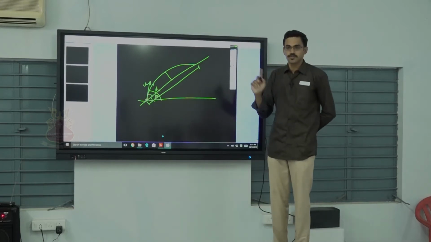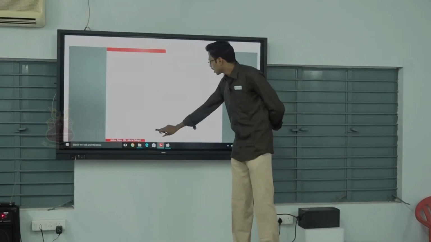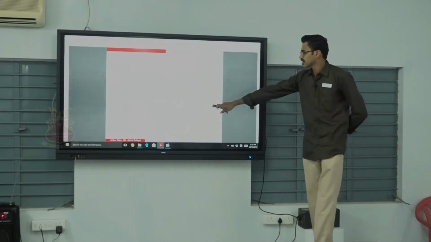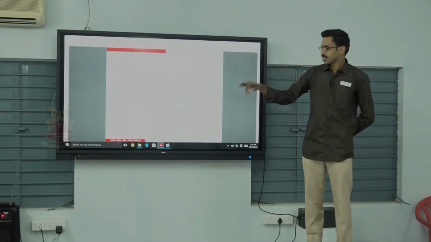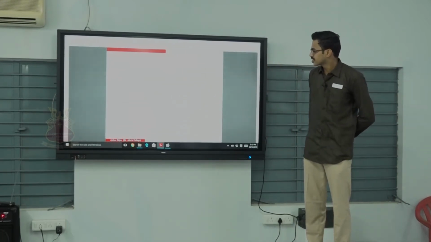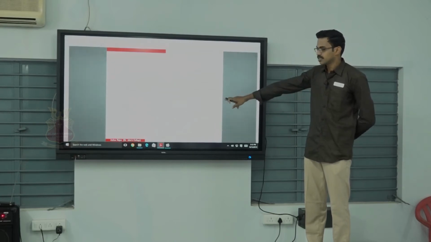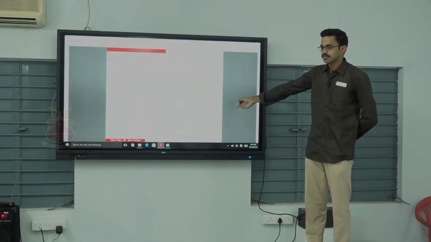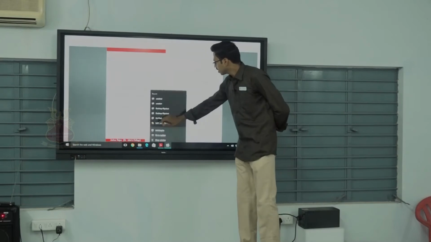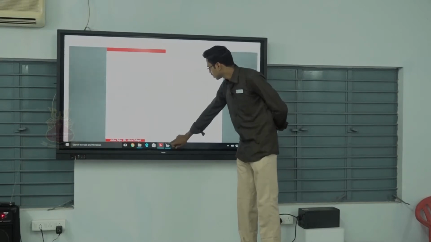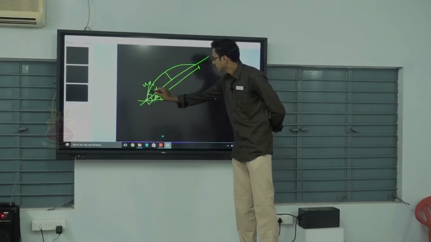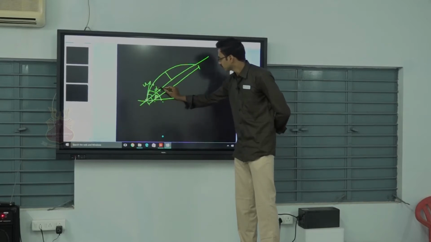Then what is the angle between this? Alpha minus beta. As we saw in the horizontal plane, the horizontal distance described in time t is u cos alpha into t, because we only see the angle to the horizontal plane, so it is alpha.